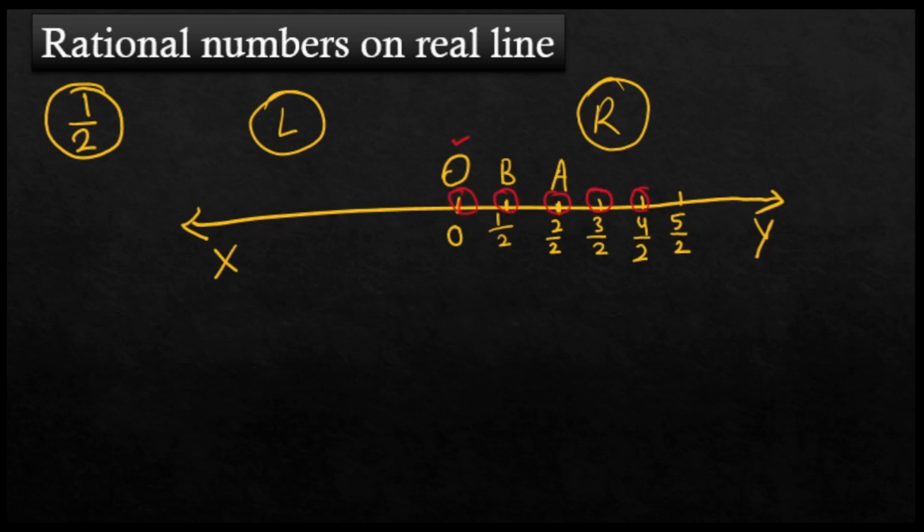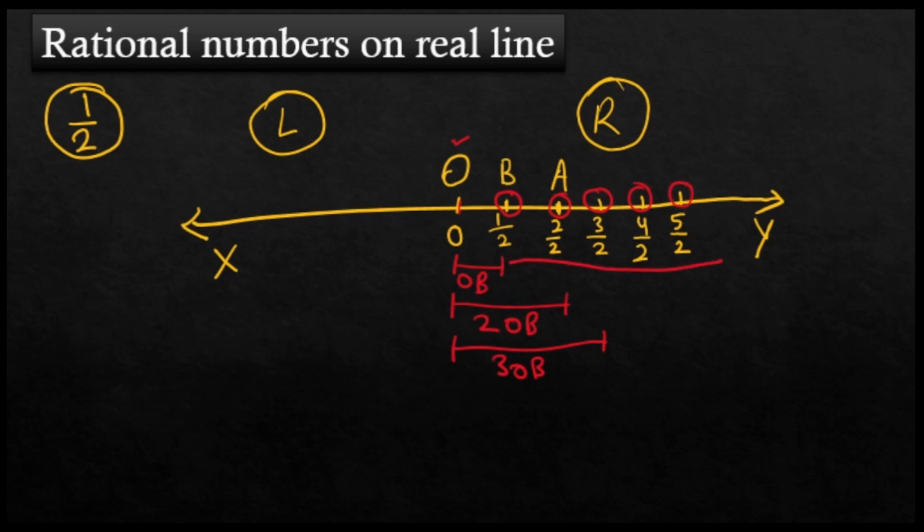these points are denoting, this is OB, the distance from O to A is 2OB, and the distance from O to next point is 3OB. After these certain distances, these points are representing rational numbers.